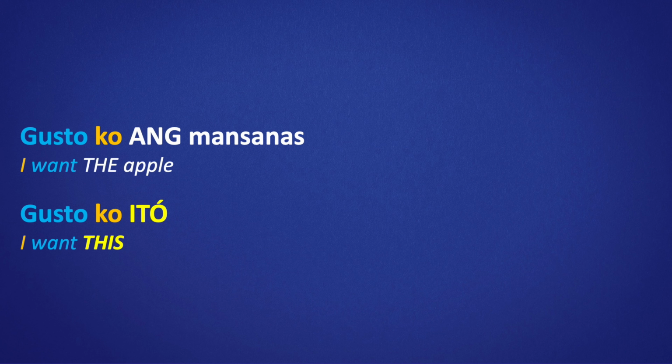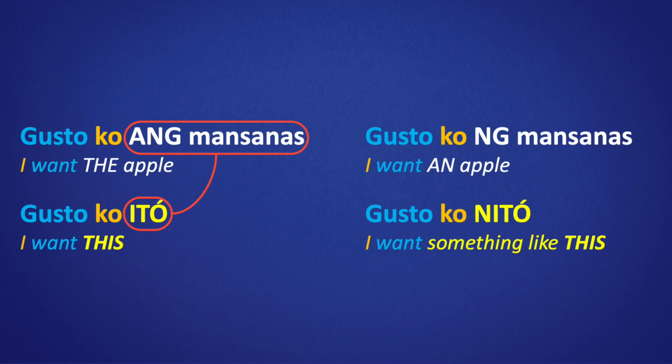The direct demonstrative pronoun ito substitutes for the noun ang mansanas, the apple, the specific apple, not any other apple, but the particular apple mentioned. The indirect demonstrative pronoun nito substitutes for the noun ng mansanas, an apple, not a specific apple, but any apple. Got it? Let's move on to the next sentence.